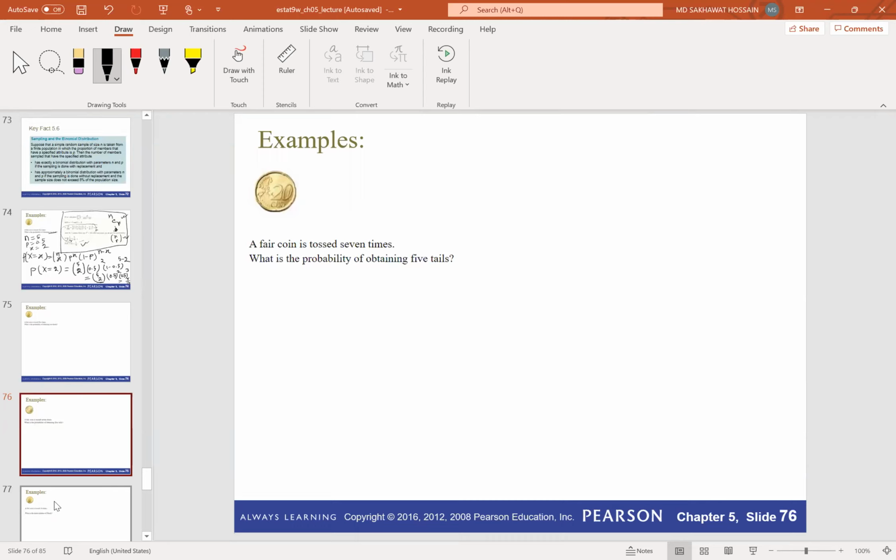So the next one is, a fair coin is tossed 7 times. And what is the probability of obtaining 5 tails? Okay, so what is n here? And what is the probability of success? And what is success here actually?